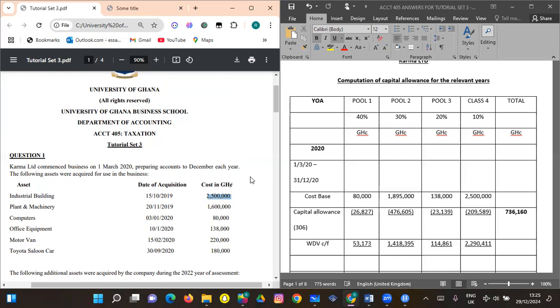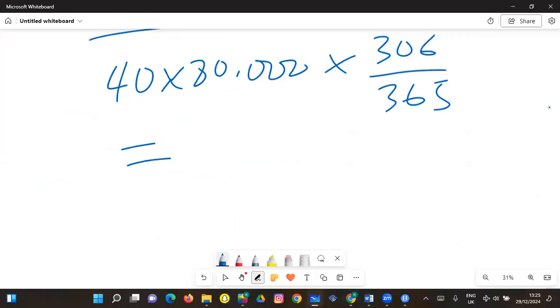So first, this is 40%. 40% times this 80,000, times 306 over 365. So basically like this, right? The reason for 365 is because it started from March up to 31st December.